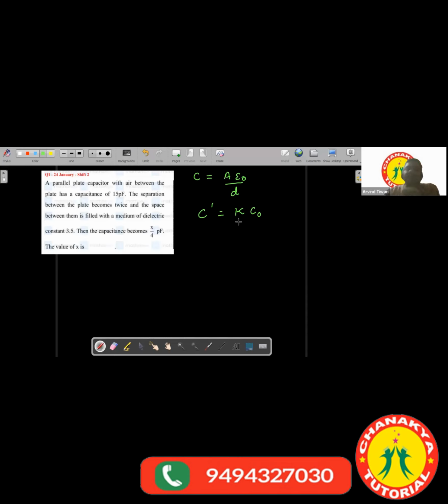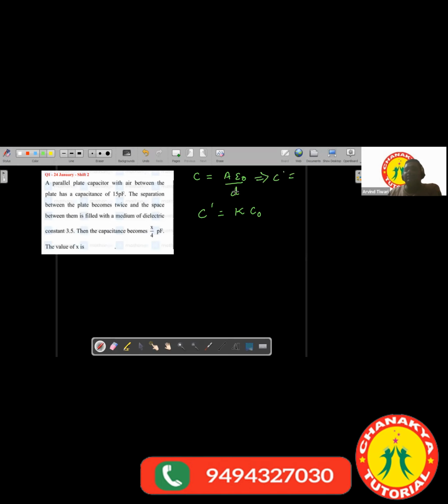So first of all, let us find the value of C. The original capacitance is 15, and what will happen if the separation between the plates becomes twice? If this D becomes double, what will be the new capacitance here?